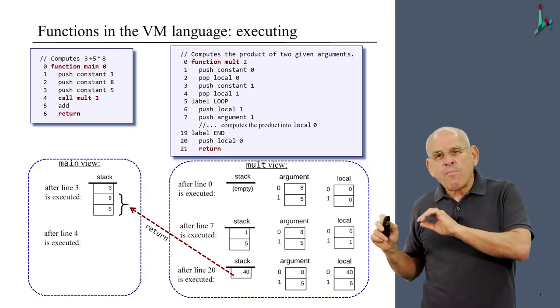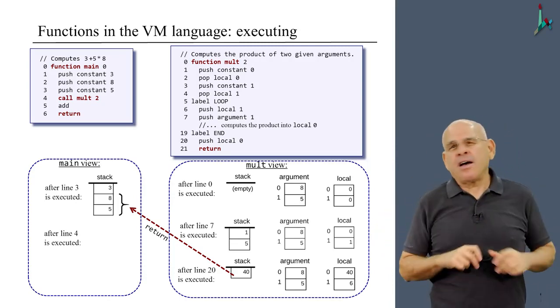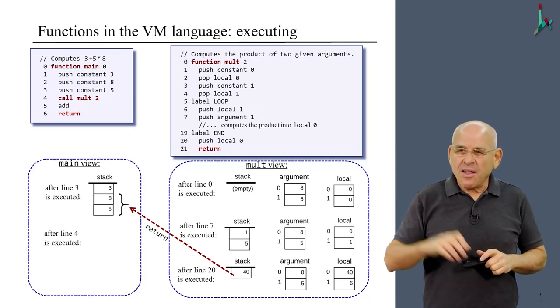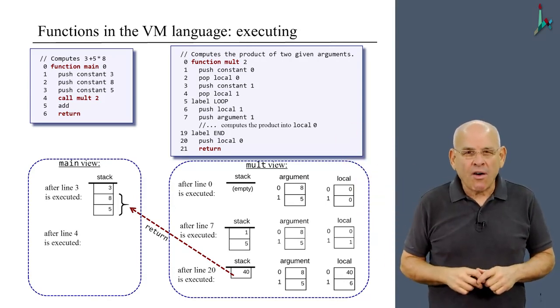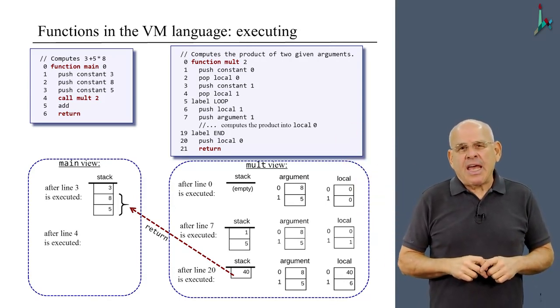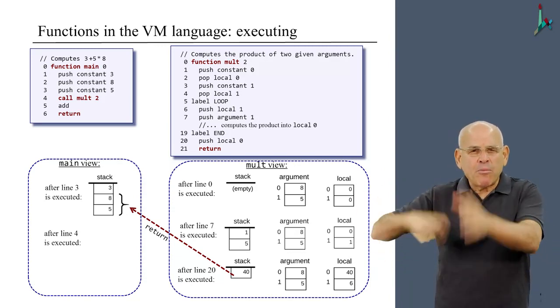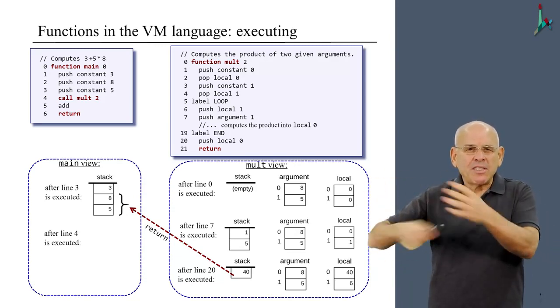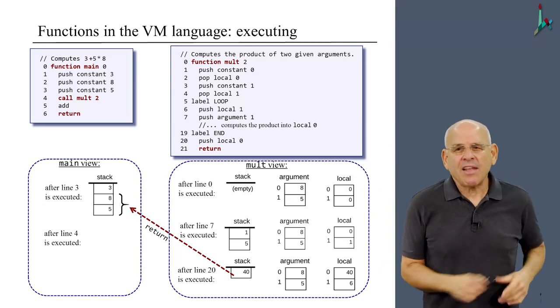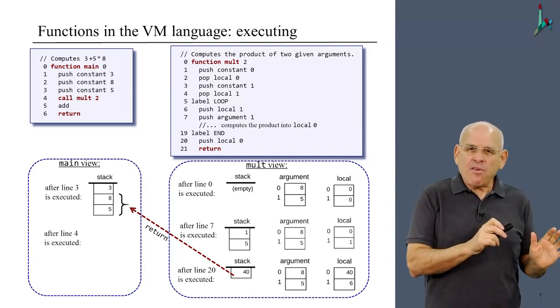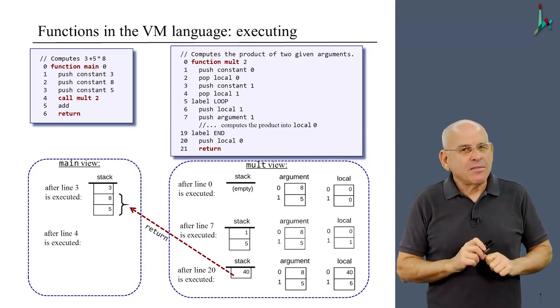So now we go back to the main function. The mult function is gone and forgone, and all its memory resources have been recycled in a process that we haven't seen yet. And now going back to the view of main, I get this, right?